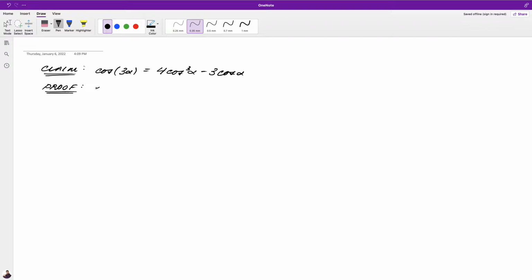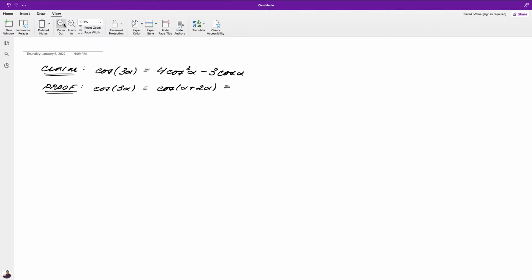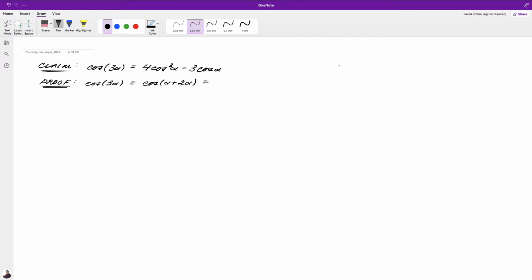Okay, so we've got cosine of 3 alpha, starting with this. And I know right off the bat that I can think about this as the cosine of alpha plus 2 alpha. Now I am going to be using the cosine of a sum expansion formula, which I've proven in a past video.